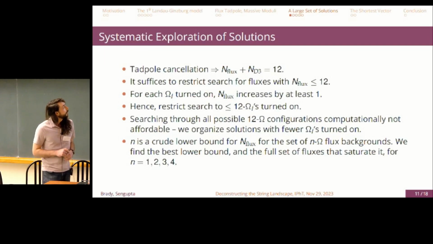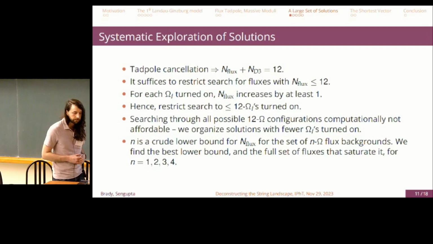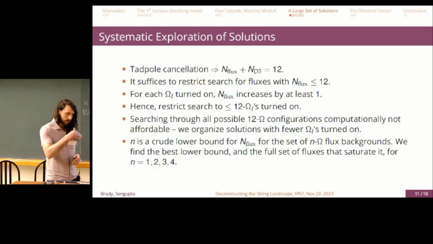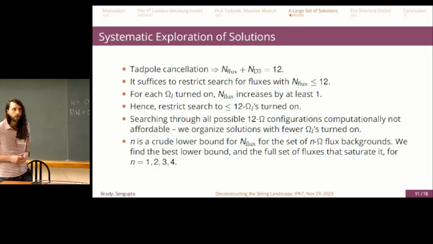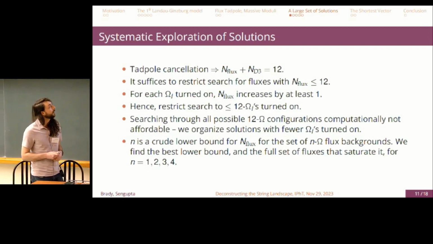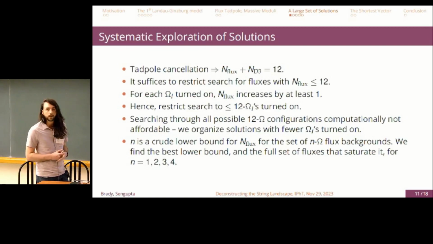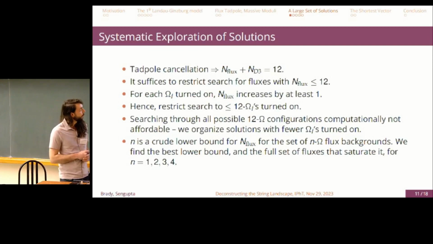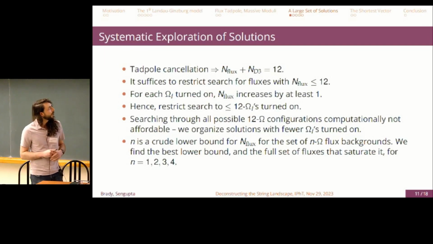Next, we restrict our search to fluxes which can get progressively larger. We're turning on more complex structure moduli, or more fluxes, I should say. So our search is order by order in number of omegas turned on.